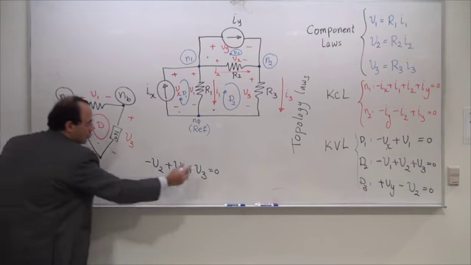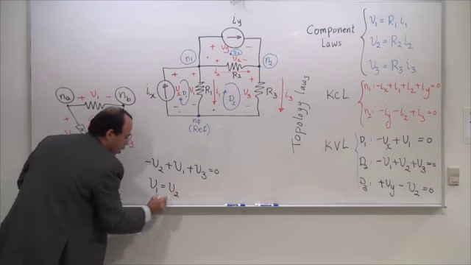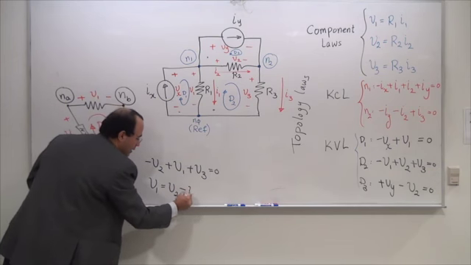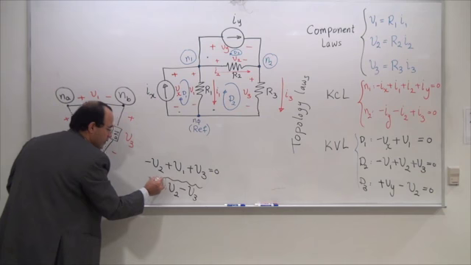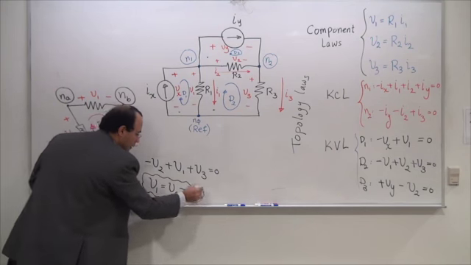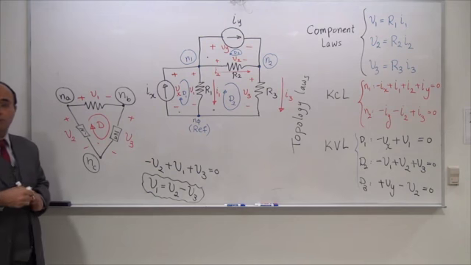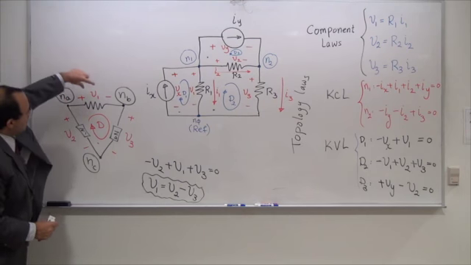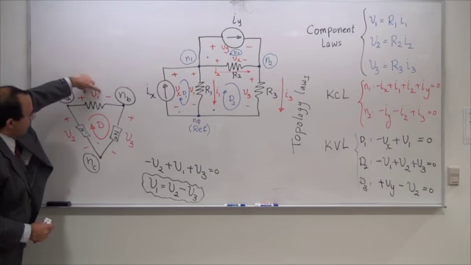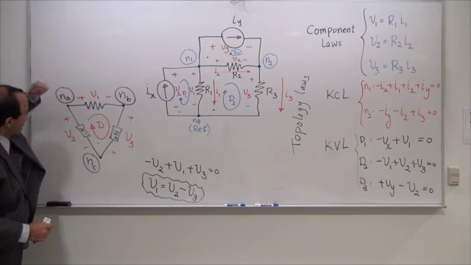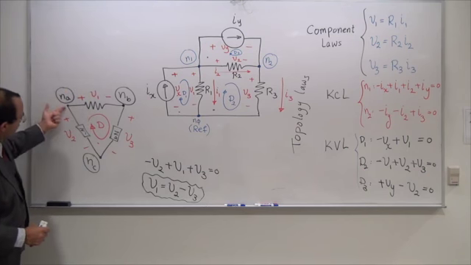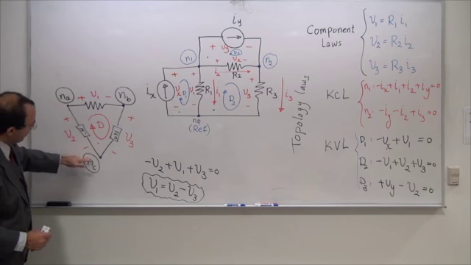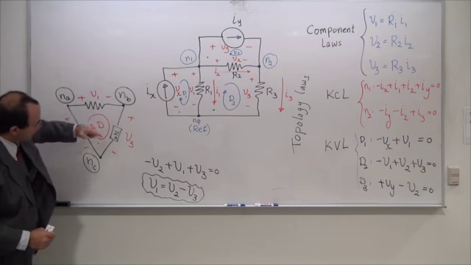I'm going to put V2 on the other end as positive, and V3 on the other end as negative. This is going to help me begin a specific definition. The voltage of this component, with the polarity considered, is equal to the voltage of this component minus the voltage of this component.